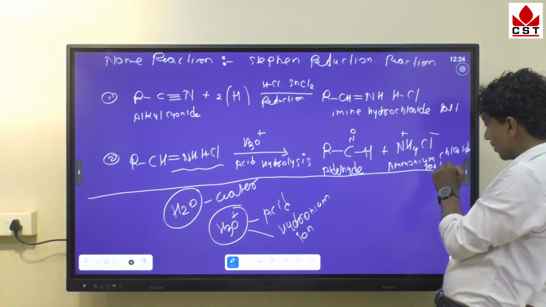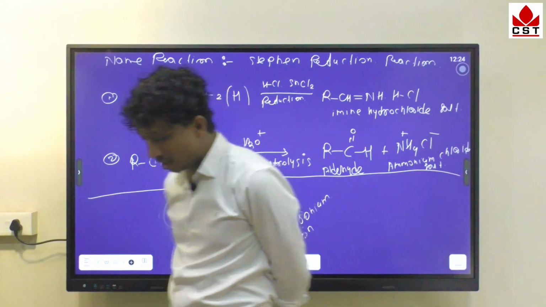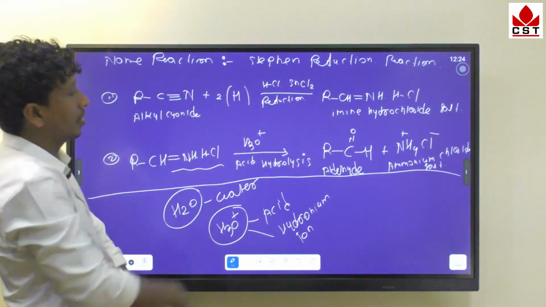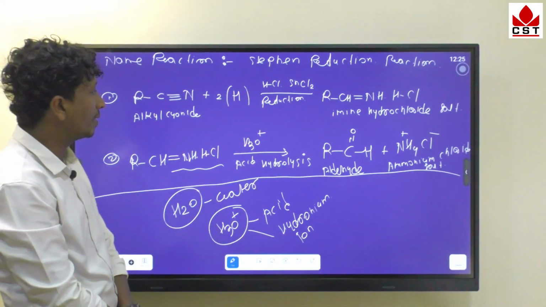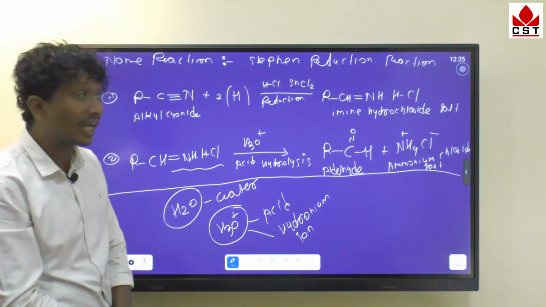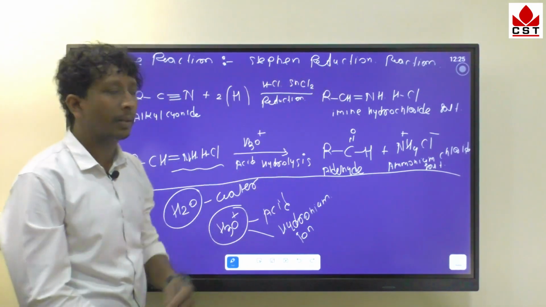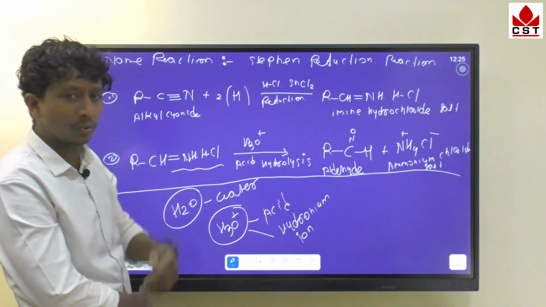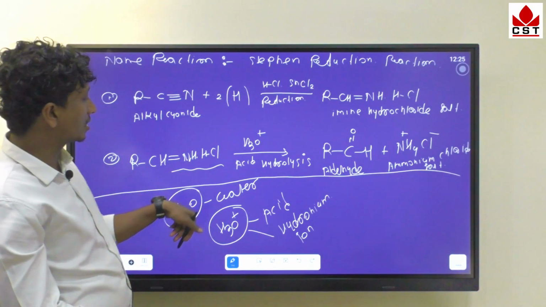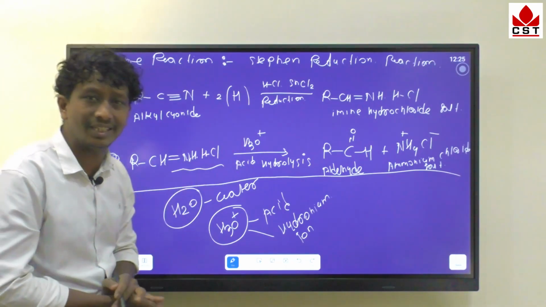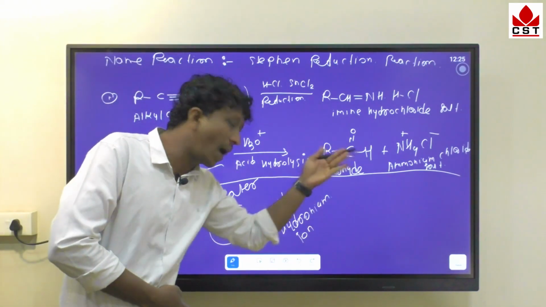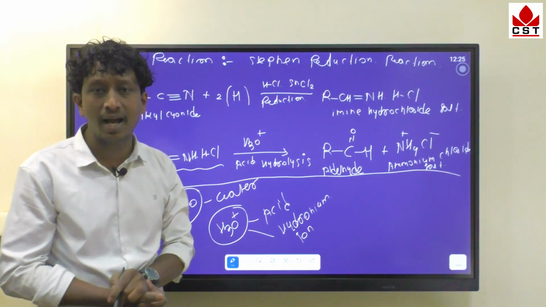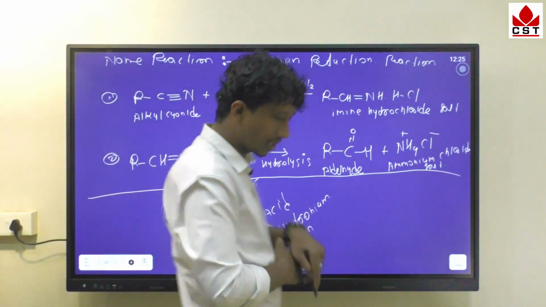This is all about the preparation of aldehyde from alkyl cyanide by the Stephen reduction reaction, using SnCl2 and HCl in the first step. In the second step, the salt is treated with H3O plus, and finally the aldehyde product is obtained. So this is the general reaction.